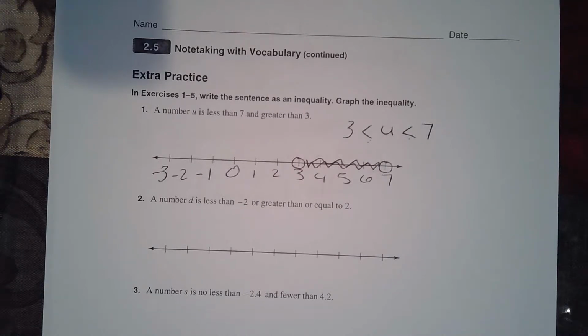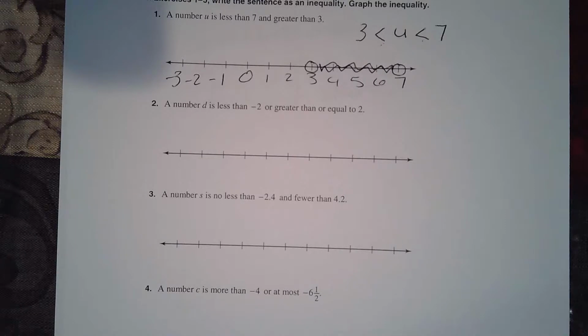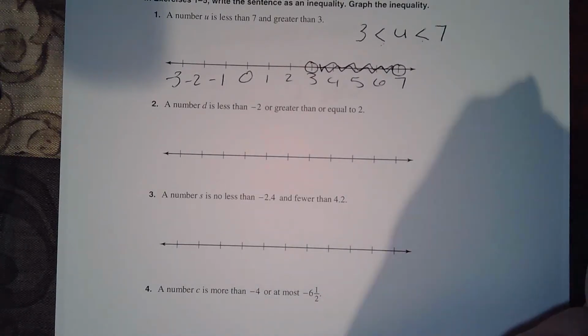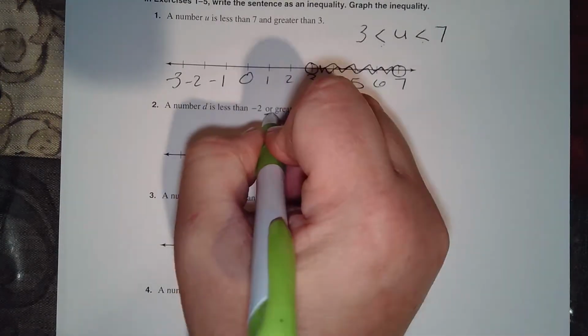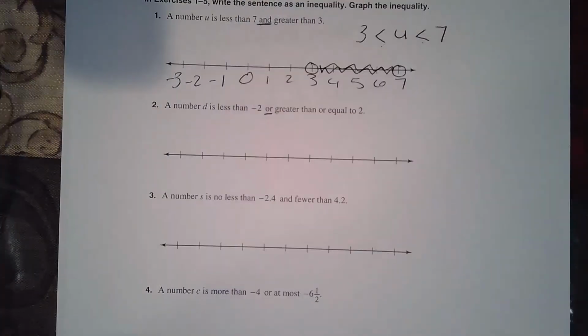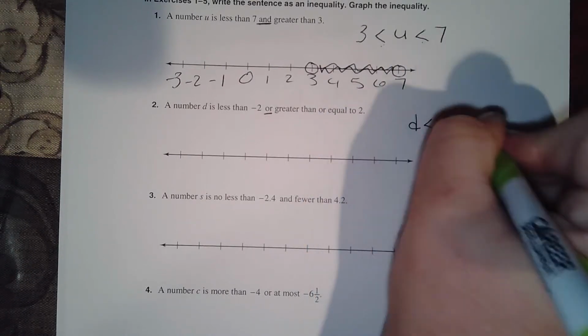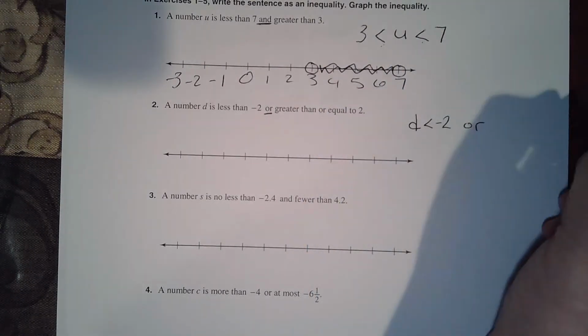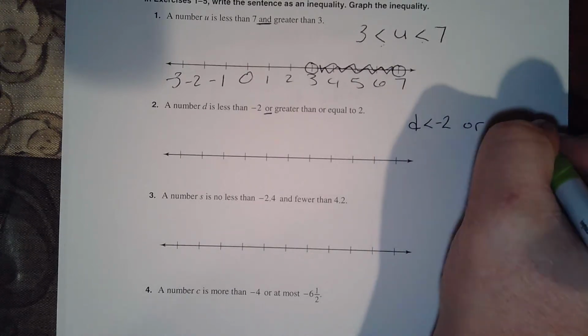So let's look at number 2. A number D is less than -2 or greater than or equal to 2. Okay, so it says the word or. So we really should have done this first. Identify and or. So the first one says D is less than -2 or D is greater than or equal to 2.